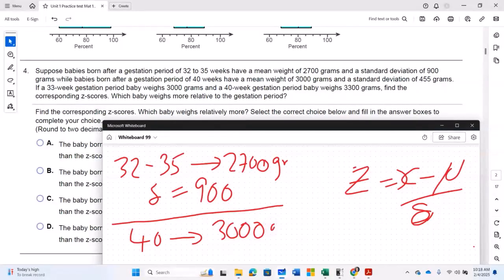So 3,000 grams and a standard deviation of 404.